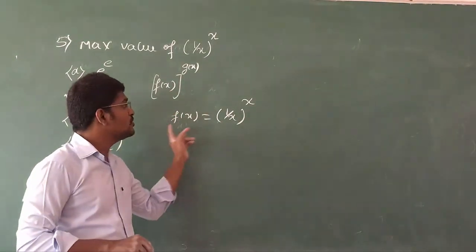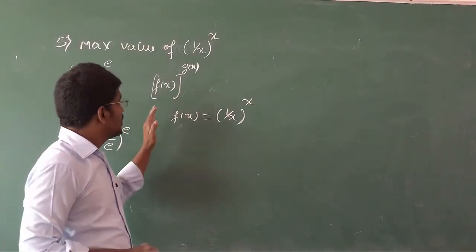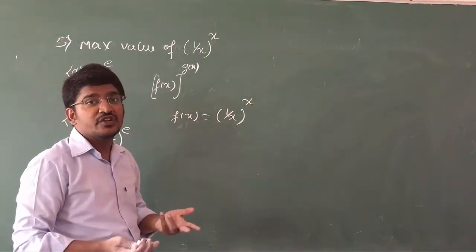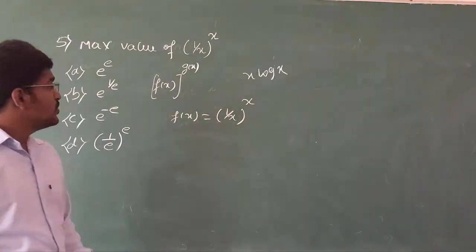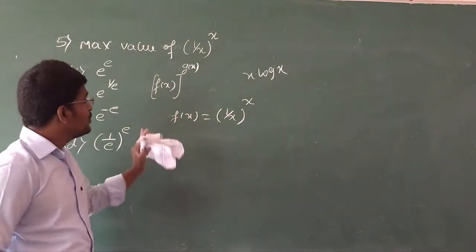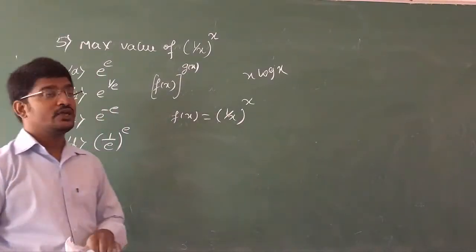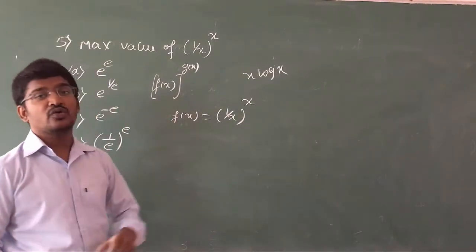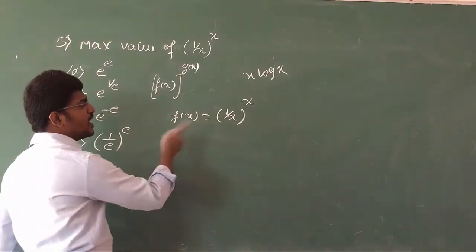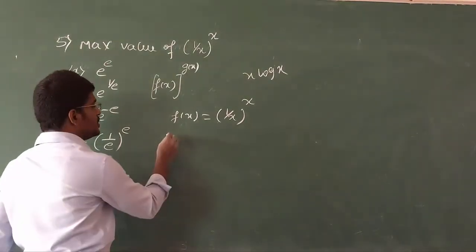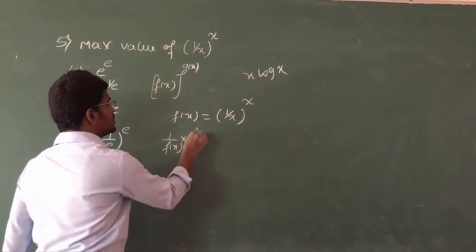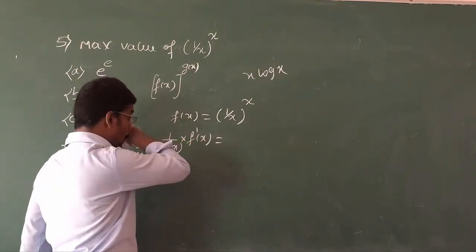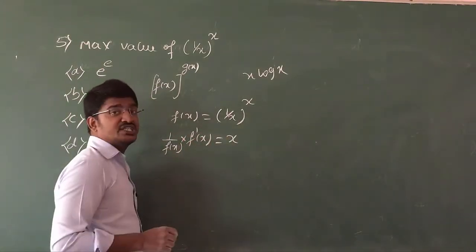If I apply log on both sides, what are you going to have? Apply log on both sides and differentiate. What you are going to get? You have to differentiate this function by applying log on both sides. Clear? If I apply log on both sides and differentiate, you are going to have 1 by f of x into f dash of x equal to x I will write as it is.